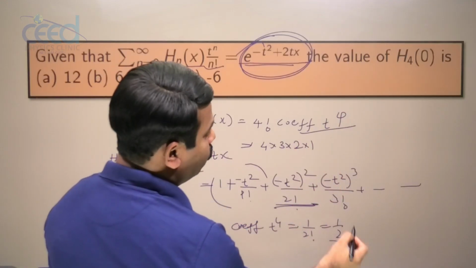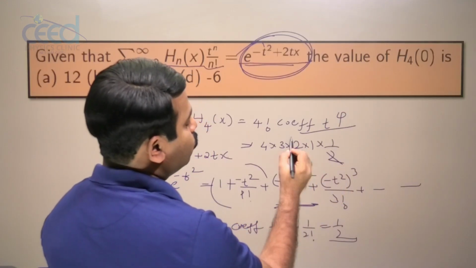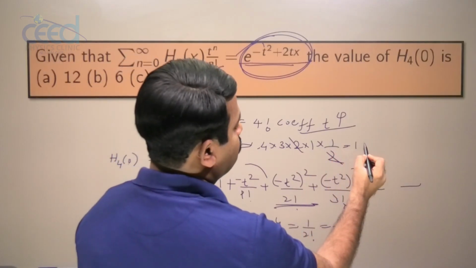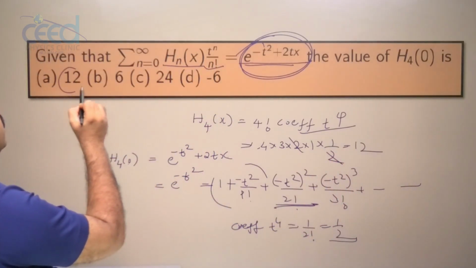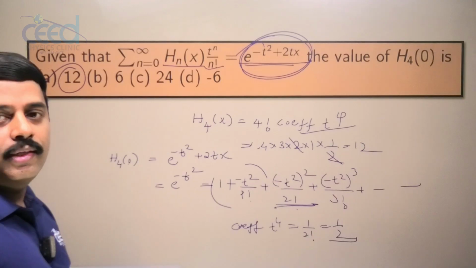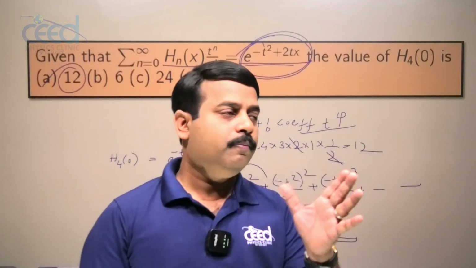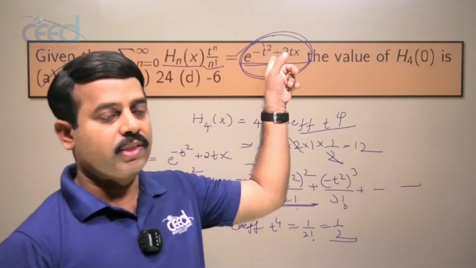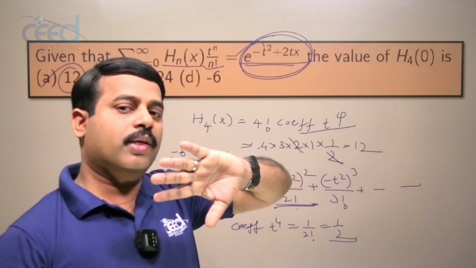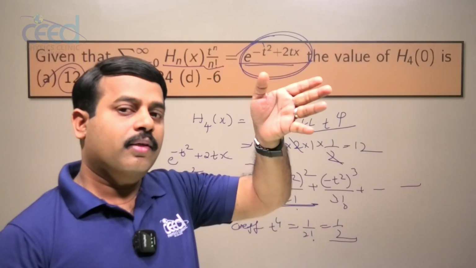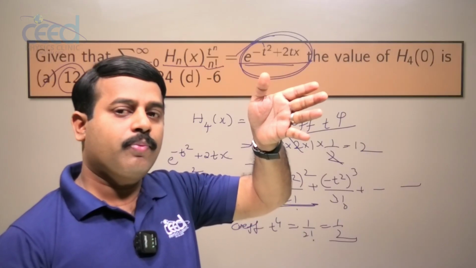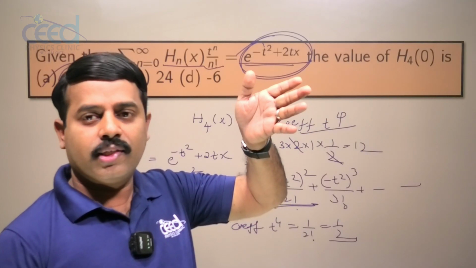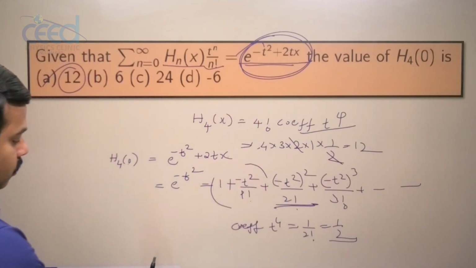Coefficient of t raised to 4 is 1 by 2, then the 2 cancels. 4 into 3 is 12. Right? Then option A is correct. So this kind of property, generating function and from the coefficient how to find different Hermite polynomials, we have already seen, right? Alright.